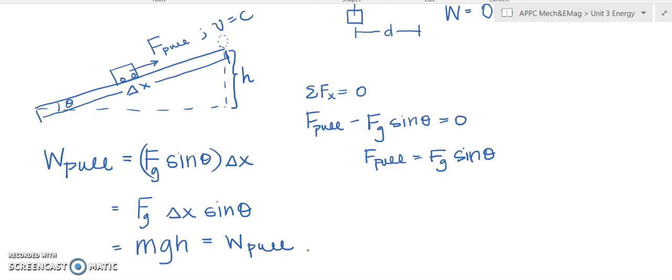So if you're doing work and pulling it up to a height, what do we know about mass and energy in the universe? It cannot be created nor destroyed. It can be transferred from one form to another. It can become unusable as we dump a lot of energy into the atmosphere.